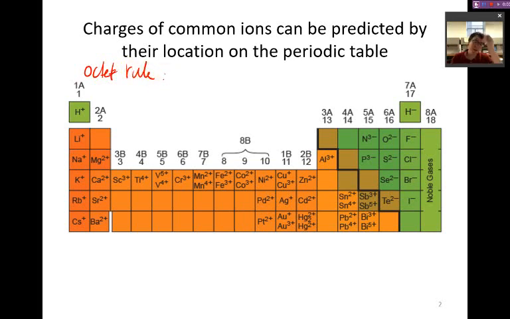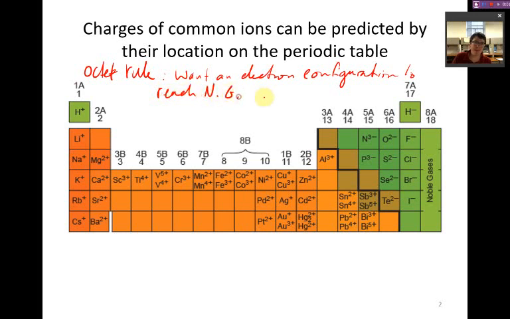That is, elements want to form an electron configuration to reach noble gas configuration. And noble gases, which are in our 8th main group, have complete octets.